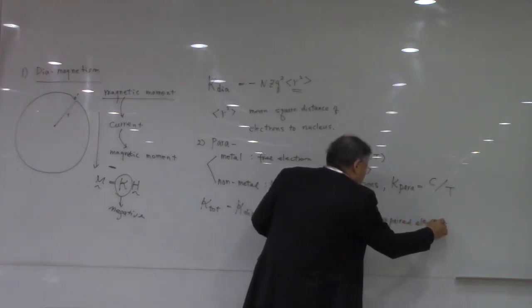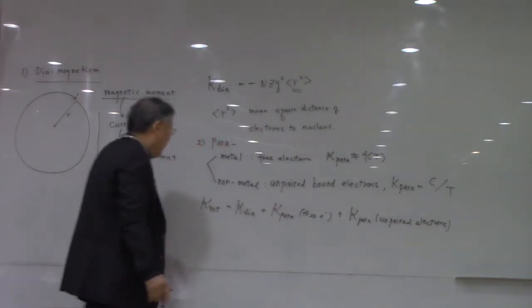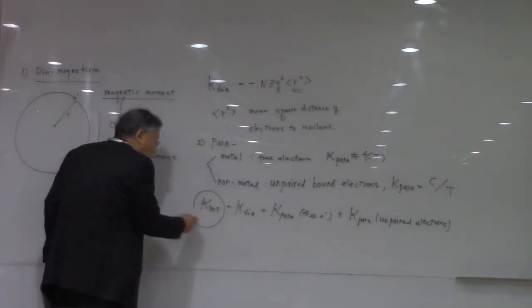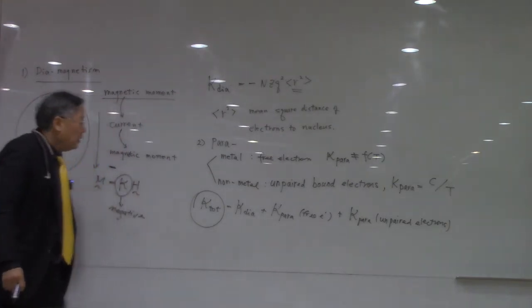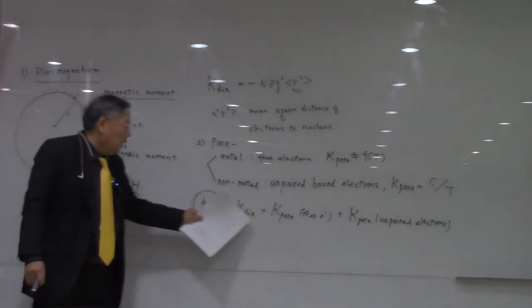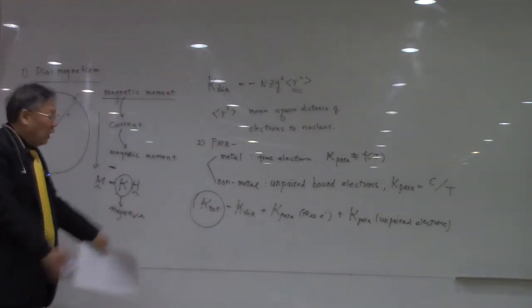If the system has all of this, then the total magnetic susceptibility should be added, just like this.